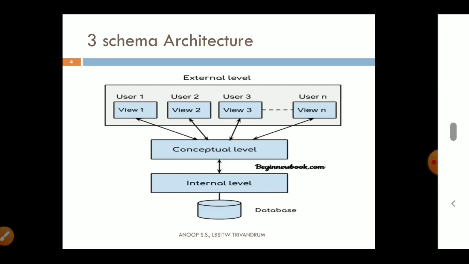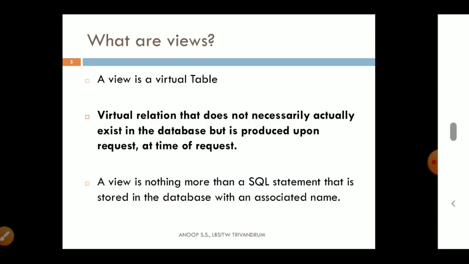So these views are actually virtual tables which are visible to the database user. They may or may not exist in the database. If there is a table like student in the database and the student table is visible to the database user, then that table is actually residing in the logical schema also.